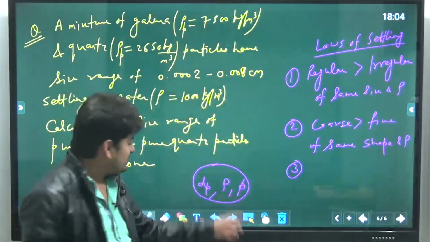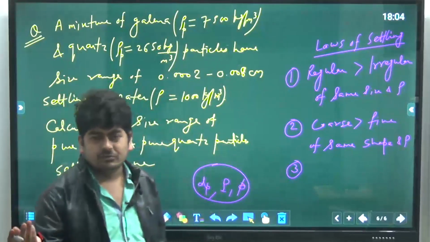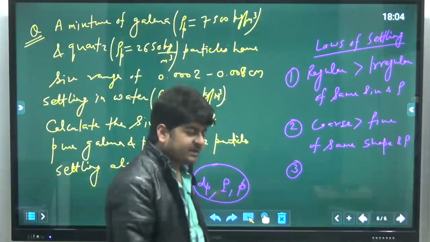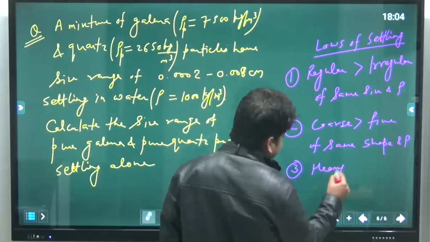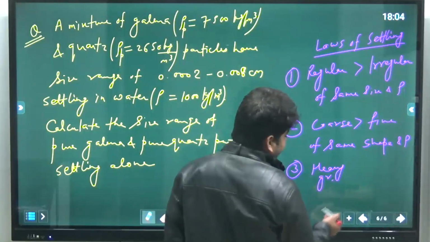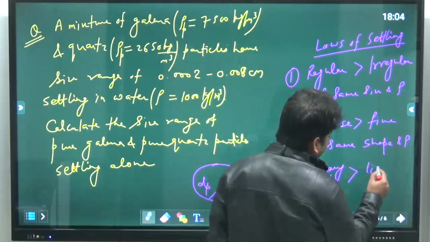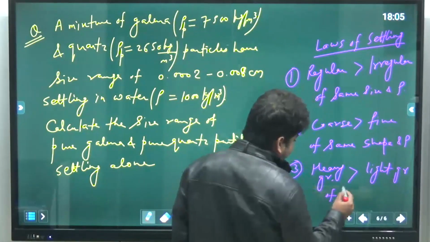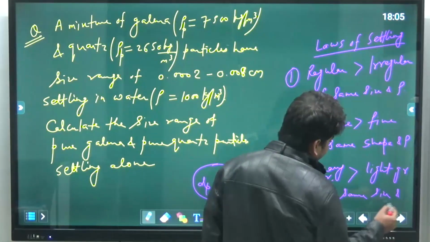Third one is based on density. Density means two types, high density and low density. High density means heavy gravity, low density means lighter gravity. So third, heavy gravity particles will have faster settling velocity than lighter gravity particles of the same size and shape.